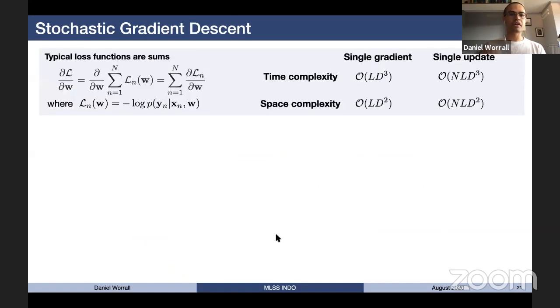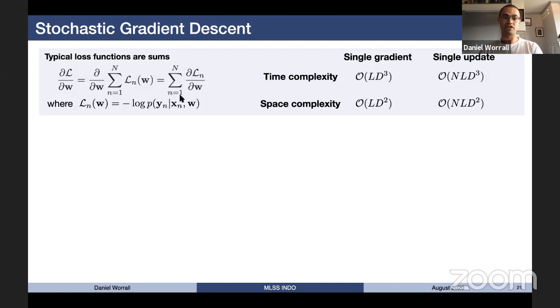Okay, so one problem with this is if we want to compute our gradients with respect to these w's, we run this backprop algorithm, but a lot of the time our loss function is the sum of lots of small loss functions, one defined for each input. So we can write the gradient of the complete loss as a sum of gradients of individual loss functions.